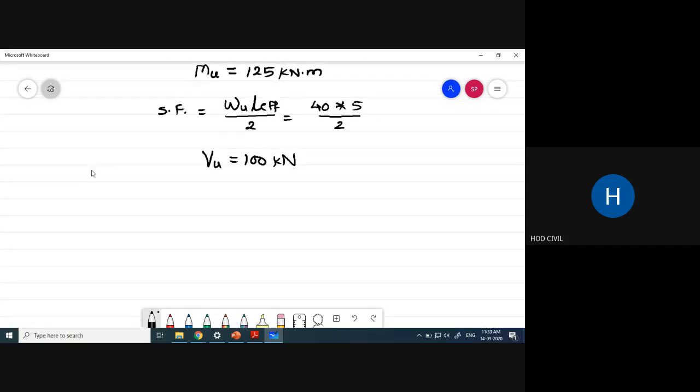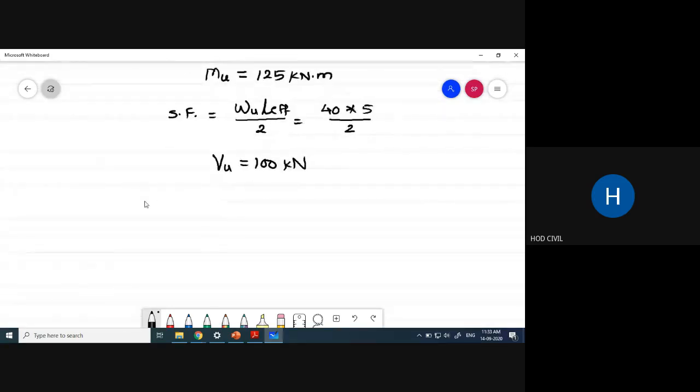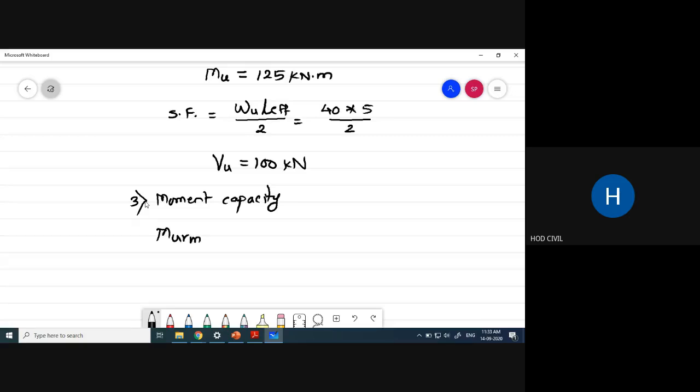Now, we know the bending moment, we know the shear force. Now, the next step in the design for a doubly reinforced section is that we have to check the moment value. So the third step I will write down here as finding the moment capacity. For finding the moment capacity, I have to calculate Mu R max.